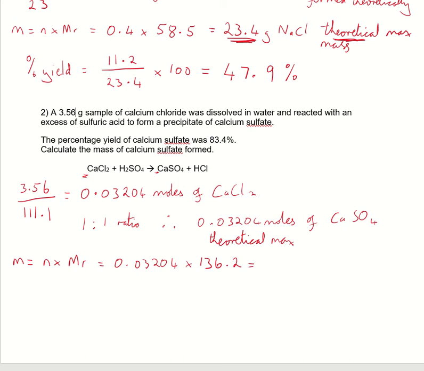I now multiply that. So 4.3638, so on, grams calcium sulfate, theoretical maximum there.